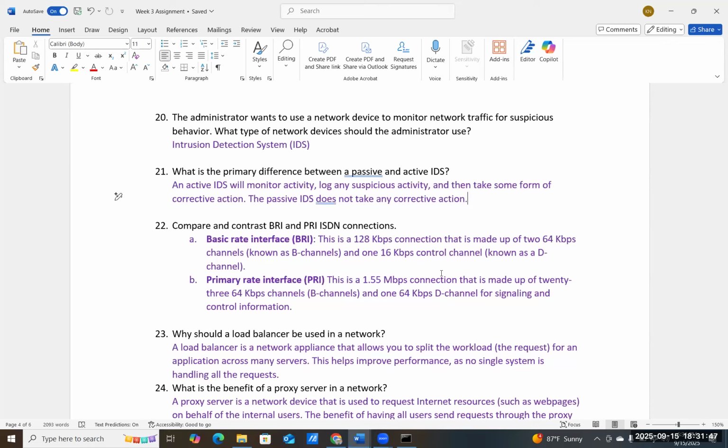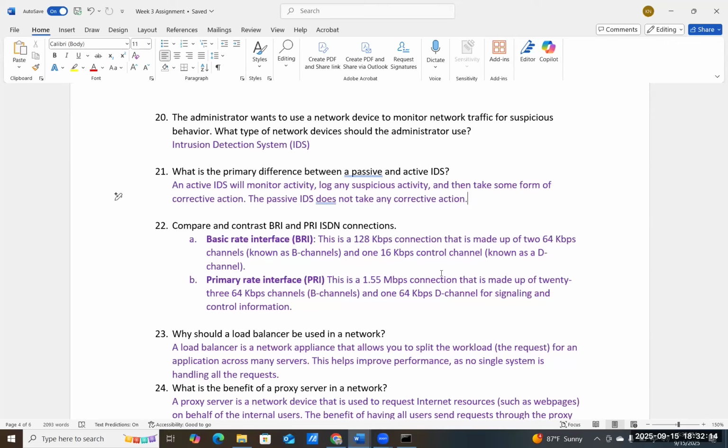So you are going to take 23 of the 64 kilobit per second B channels and group them together. 23 times 64 kilobit per second gives you roughly 1.55 megabit per second. And you're going to use 1 D channel at 64 kilobit per second for signaling and control. Okay.